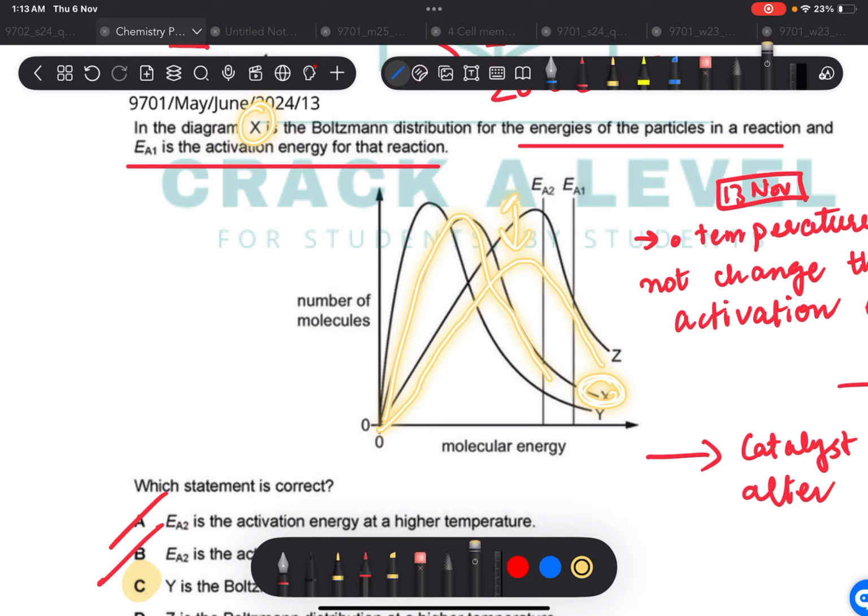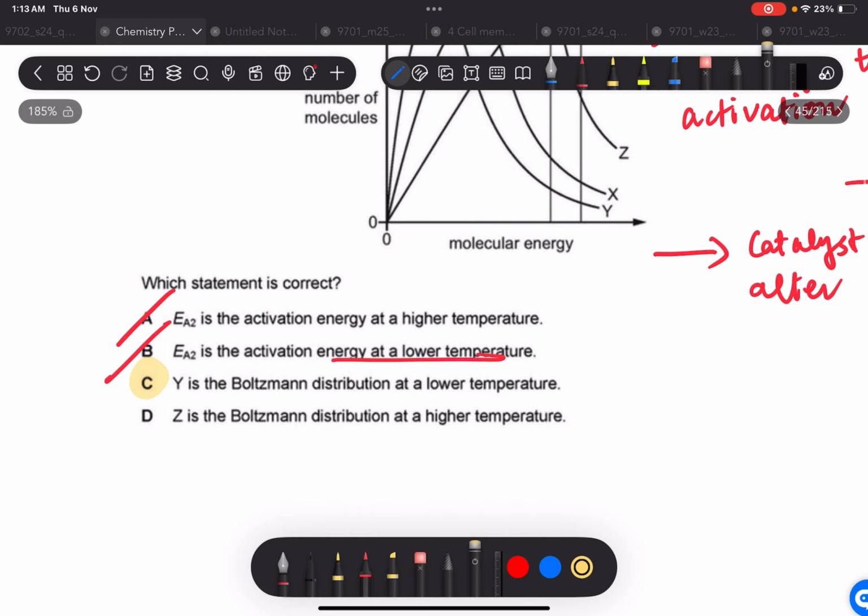There should be a drop in the peak height. There's no drop. It's even higher than this. That's incorrect. For a higher temperature, the peak height decreases, and for a lower temperature, the peak height increases. So this is completely incorrect.